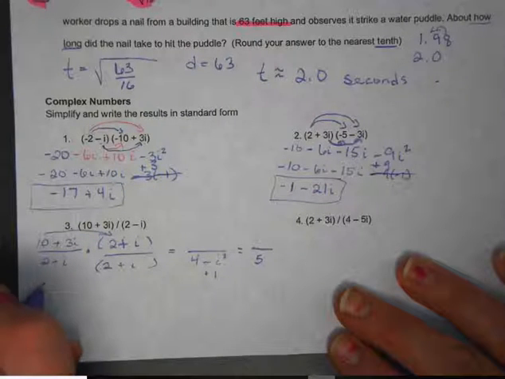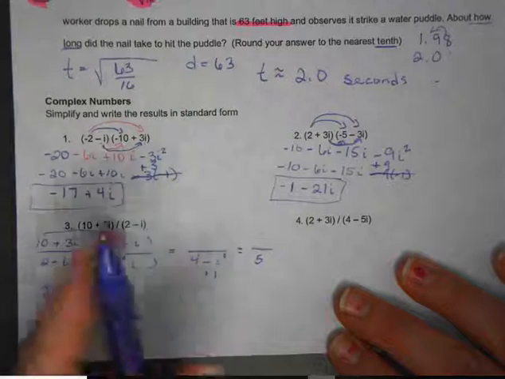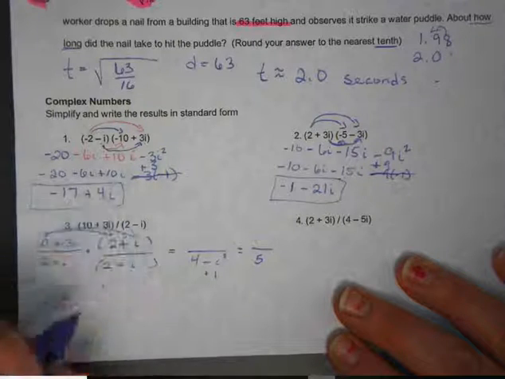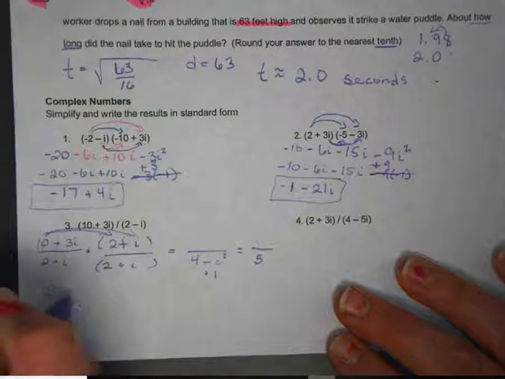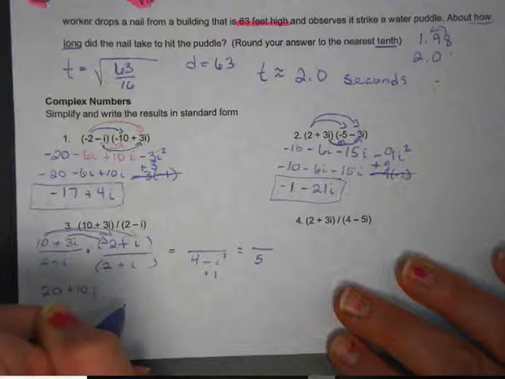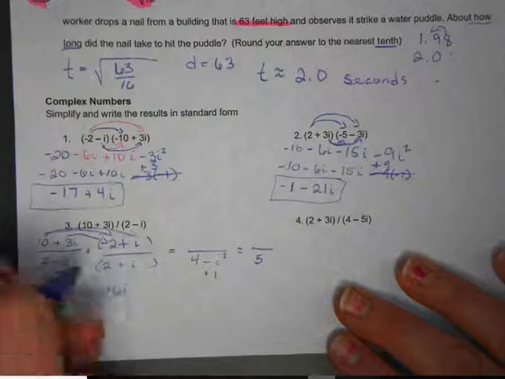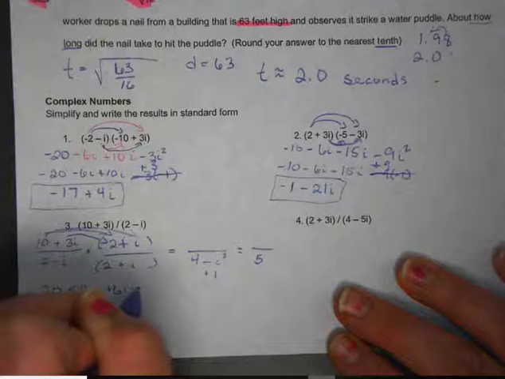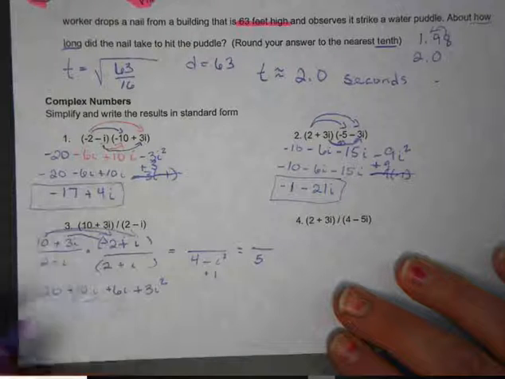So we have 10 times 2 gives me 20. And then we have 10 times positive i gives me positive 10i. We have 3i times 2 gives me 6i. And 3i times positive i gives me positive 3i squared.